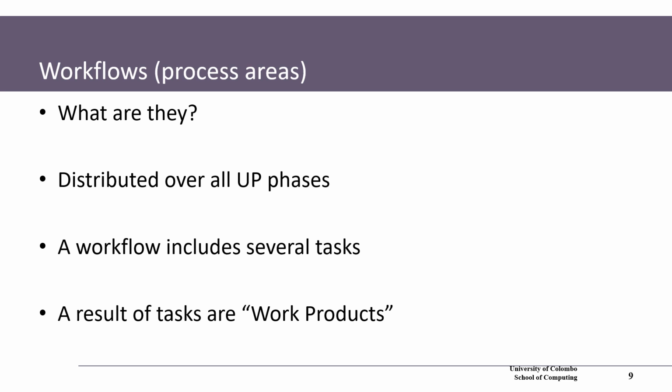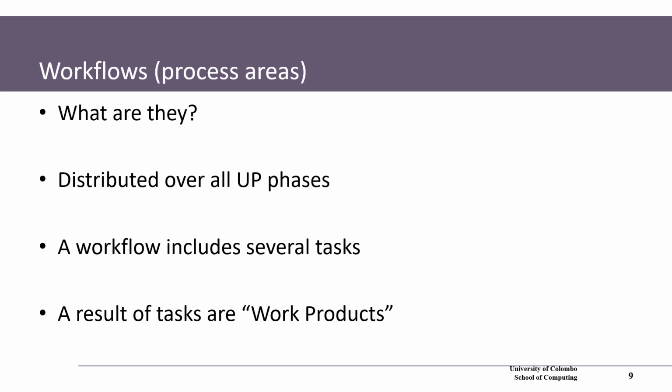So these workflows or process areas are distributed all over the unified phases. A workflow includes several tasks. We will see these tasks later. Inside the workflow, what the people are doing is identified and defined in the process.